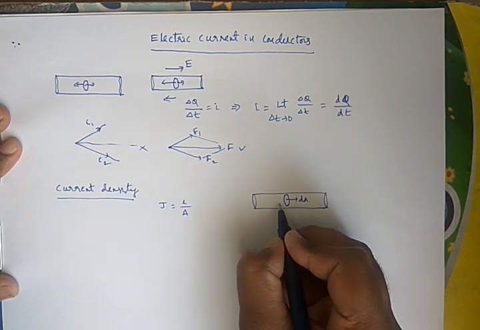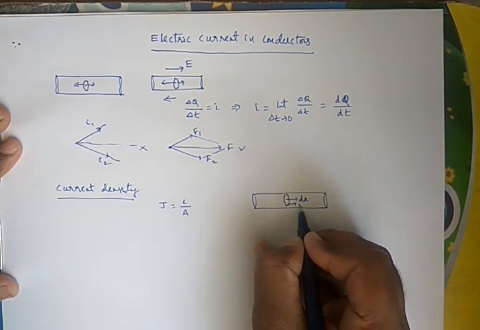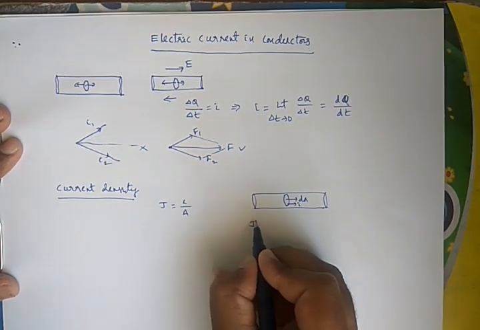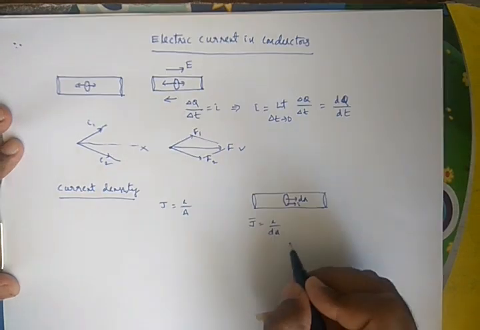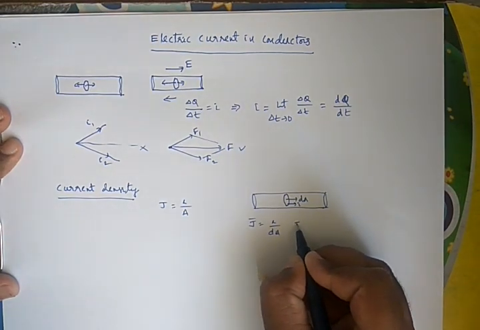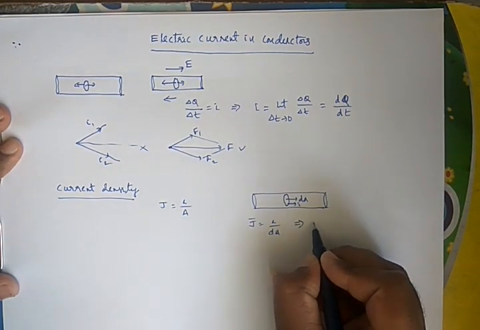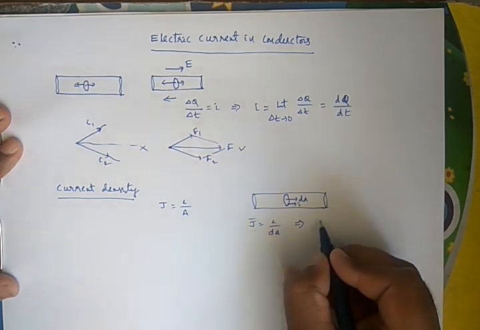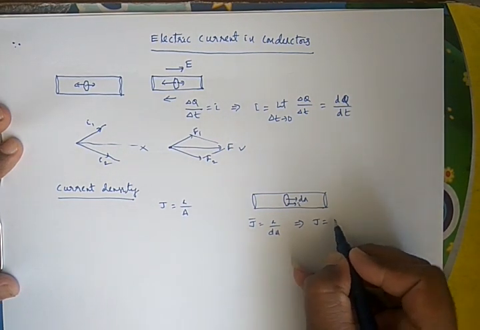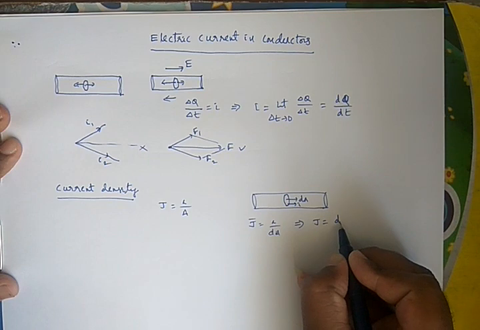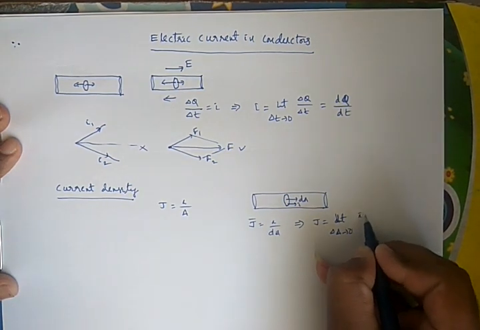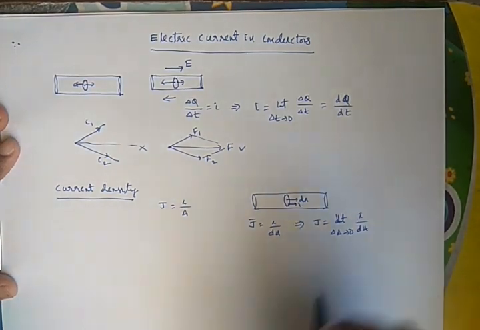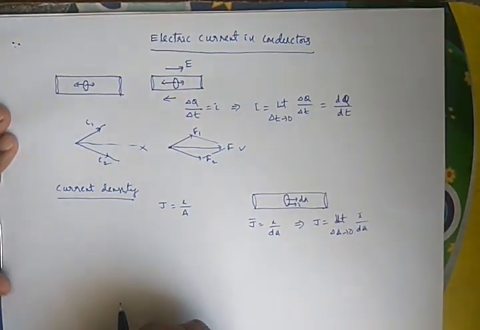If the current going through this area is I, then you can define current density as I by dA. This is the average density. For instantaneous, you write the limit as delta A tends to 0 of I by dA. That's your current density.